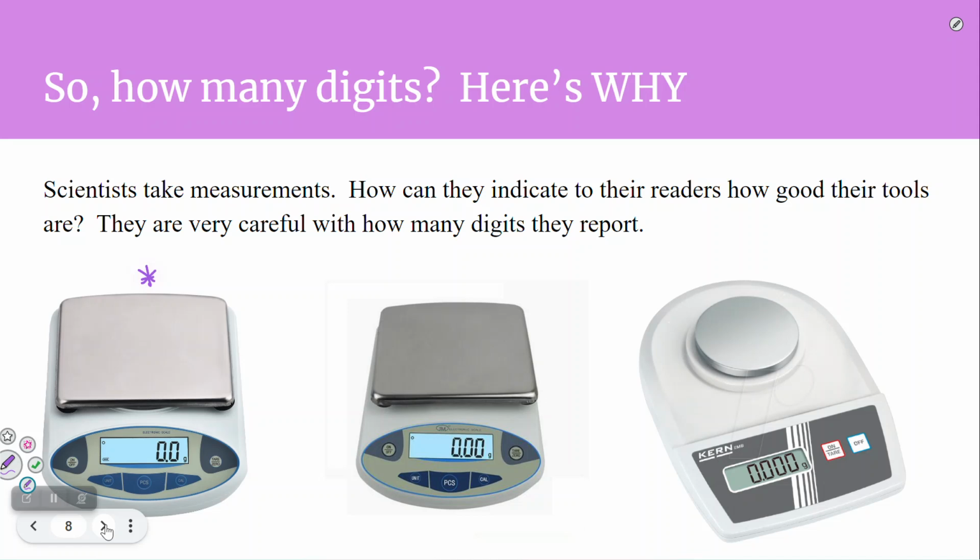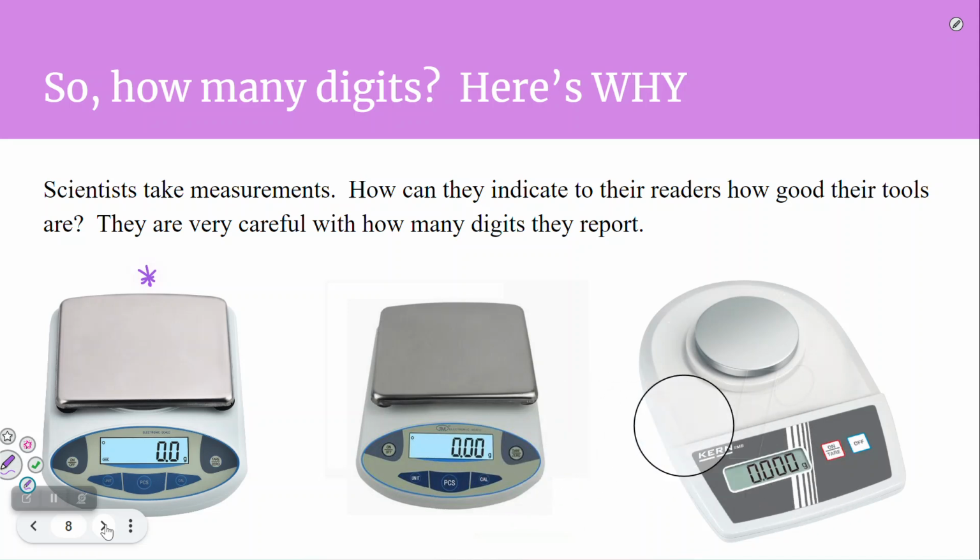But there are digital scales that can report to 2 decimal places like this one, or even 3 decimal places like this one on the right. Obviously, the more decimal places that scale can report, the more expensive it becomes because of its increased level of precision. And the more decimal places we can report, the more precise your measurements can become, and the more accurate as well.